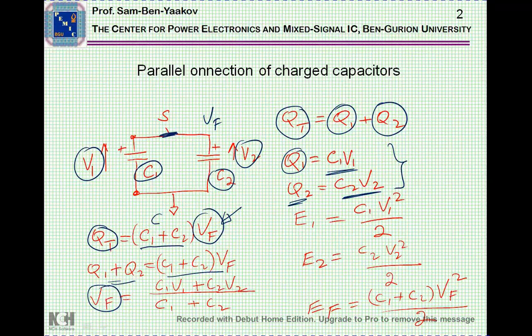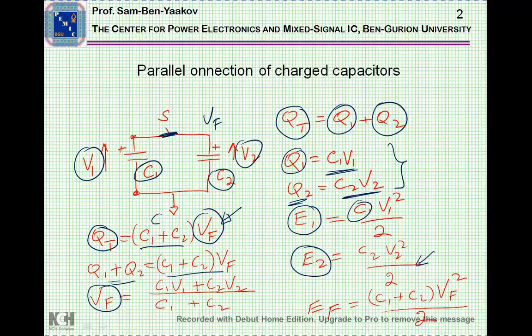Now we turn to the aspect of energy. The energy stored in a capacitor is CV squared over 2. So the energy originally stored in capacitor C1 is C1 V1 squared over 2. Energy for C2 is the same way, C2 V2 squared divided by 2.